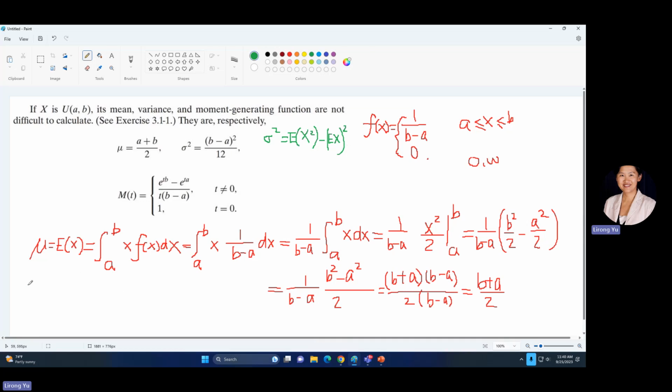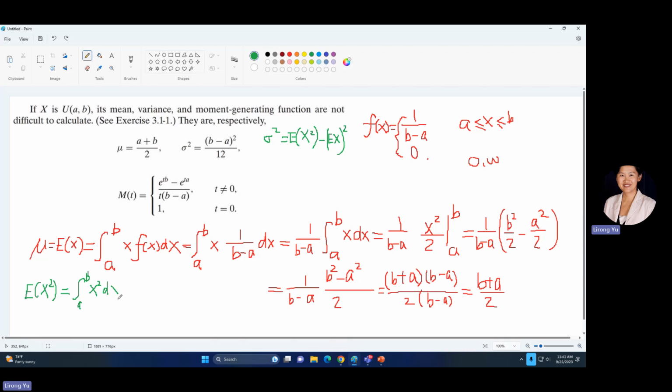This is something we have to work on. Again, whenever you want to calculate expectation for the continuous case, it is an integration. So we're going to integrate from a to b, x squared dx.